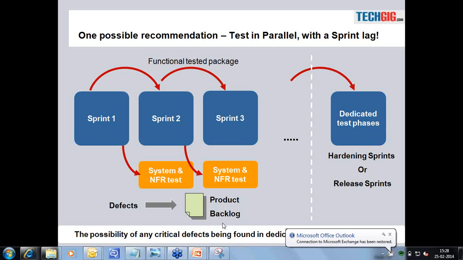So while sprint 2 is going on, this team tests the software in parallel, and they are not affected by the sprint dynamics because they are doing it in a totally independent environment, which is closer to production, so that you can unearth those defects which typically come up in the dedicated test phases.